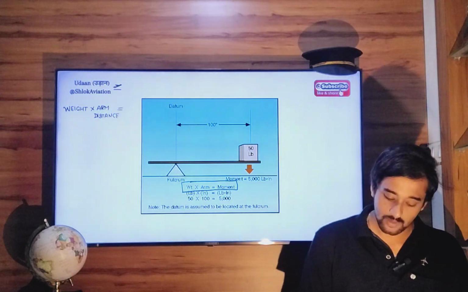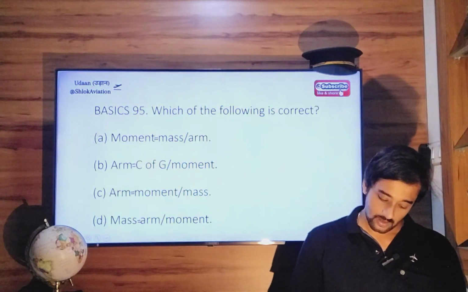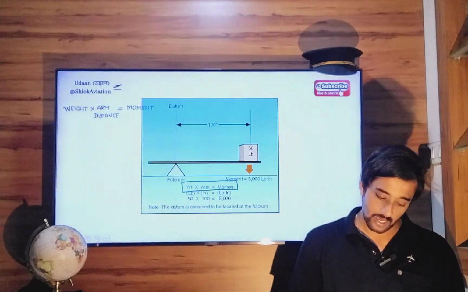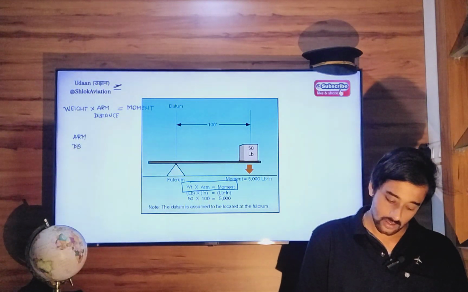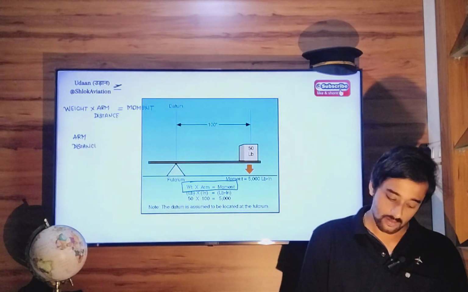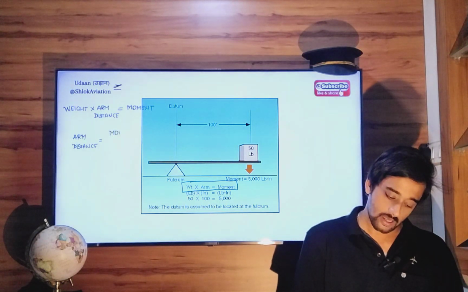So weight into arm distance equals your moment, the turning force. So over here you have to cross multiply. So arm distance will be equal to weight, correction, moment divided by weight.